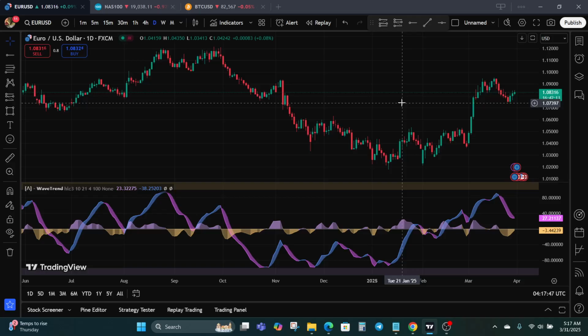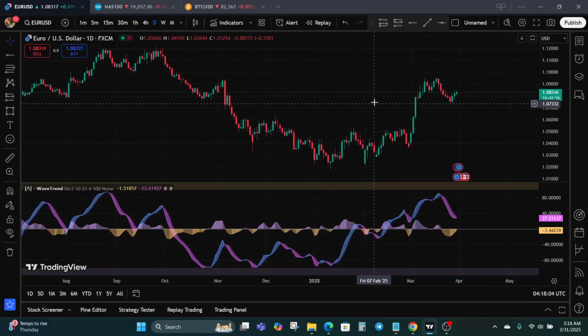Now, why is spotting reversals important? Catching trend reversals early can give traders a major advantage.